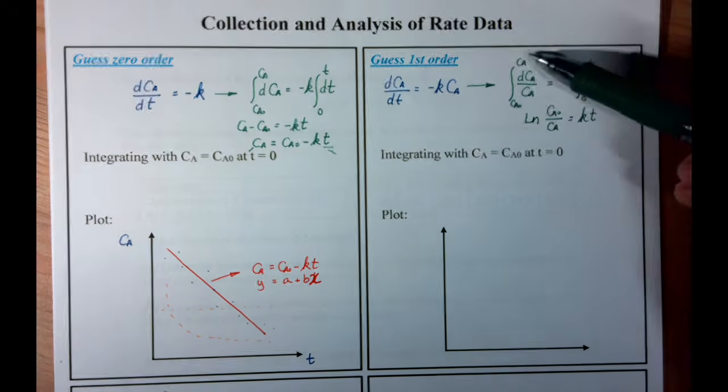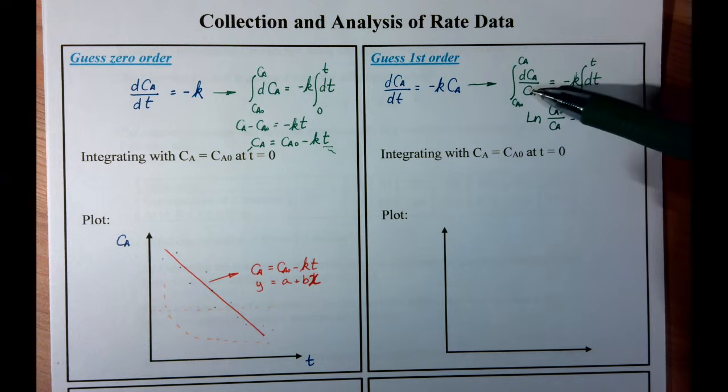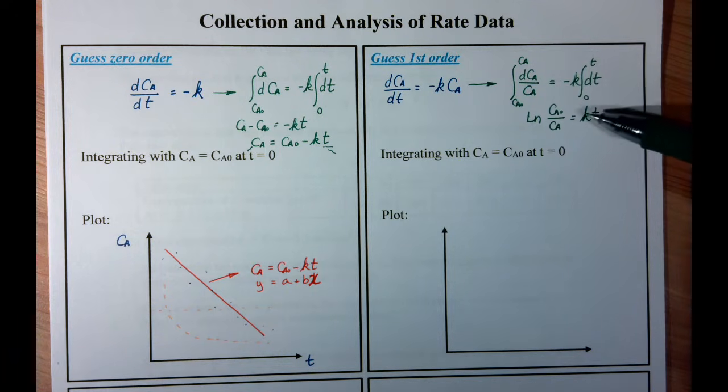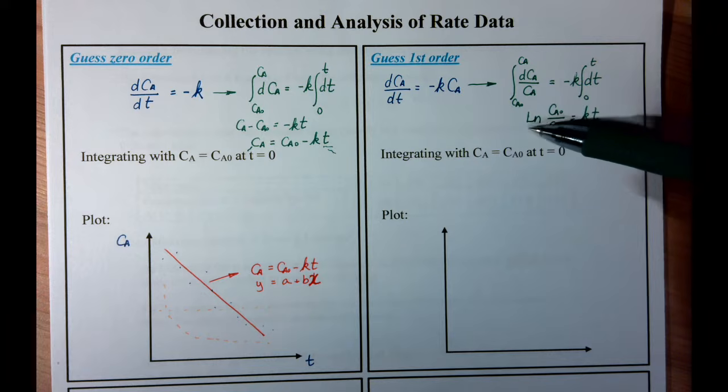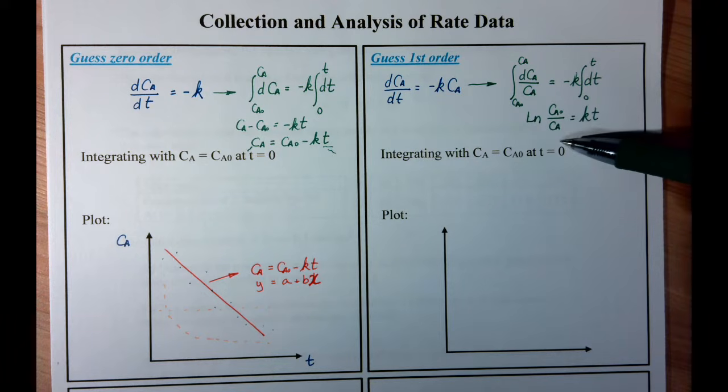If I look at it on this side, it would be natural log of CA over CA naught equal to minus kt. But if I take that minus and invert it here, this would now be positive, and here I'd have natural log of CA naught over CA.